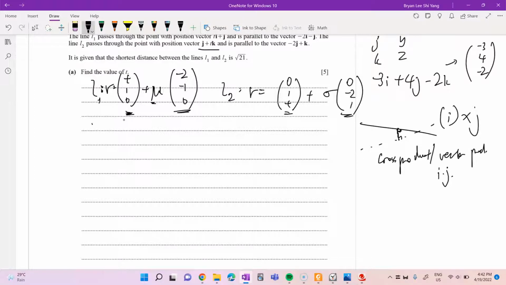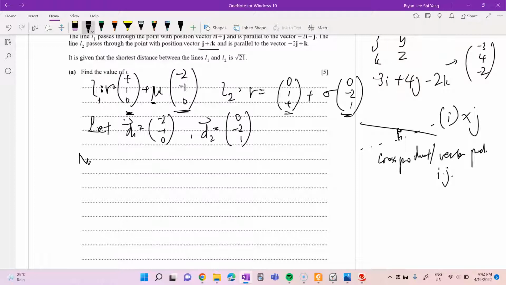Okay, so for me personally, I would write: let d1, so this is called direction vector 1, equal that negative 2, negative 1, 0, and then d2 equals 0, negative 2, 1, right? And then I want to find the normal vector of these two.